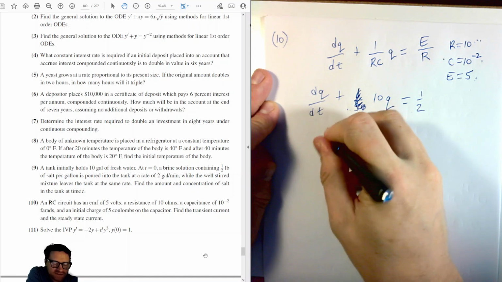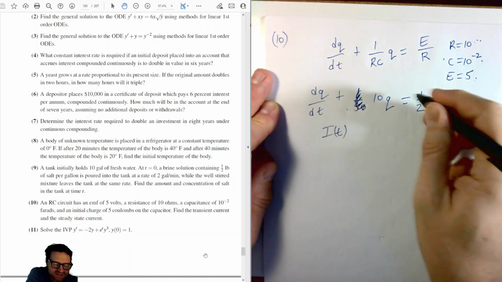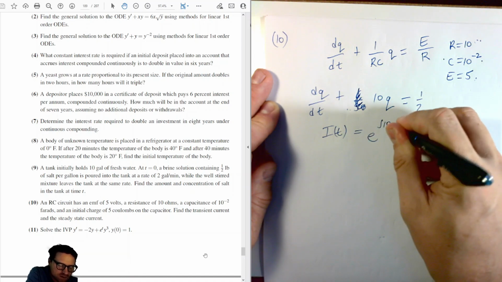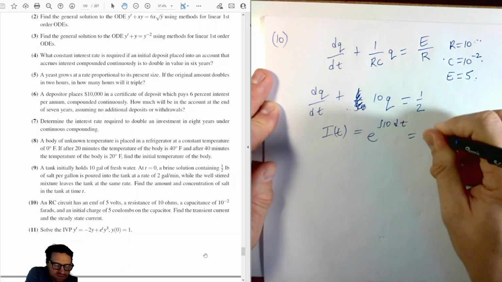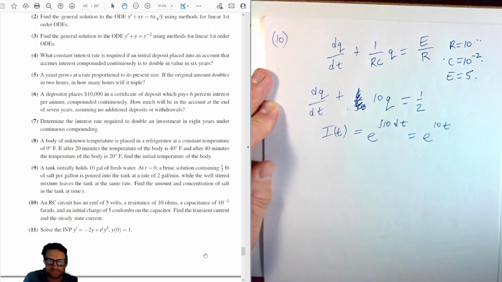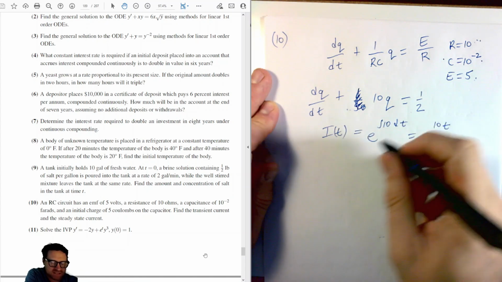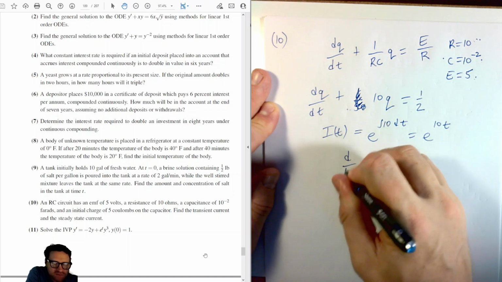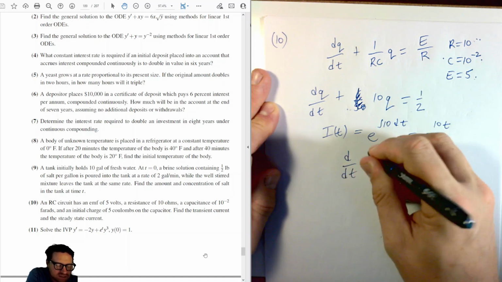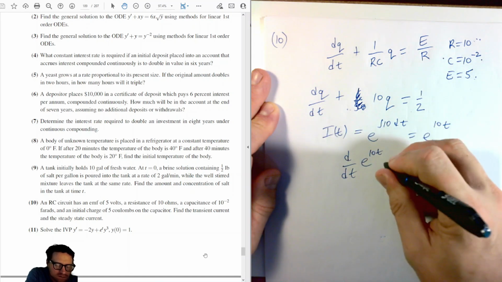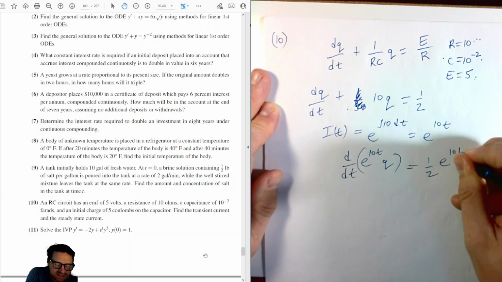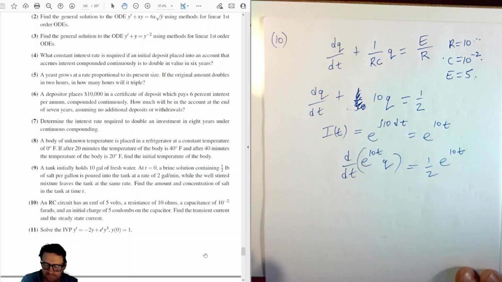So the integrating factor I of t, because this is linear, is e to the integral of 10 with respect to t, so e to the 10t. All right, now we know how the left-hand side packs up once we multiply by e to the 10t. We have the derivative with respect to t of e to the 10t times q is 1/2 e to the 10t.